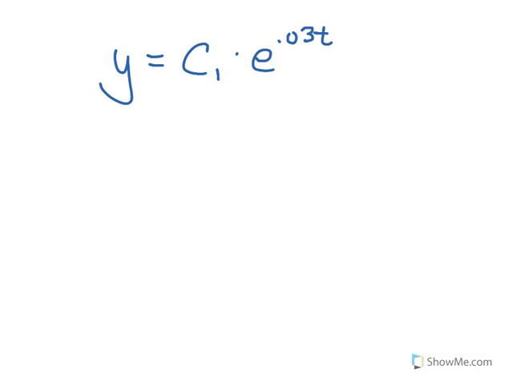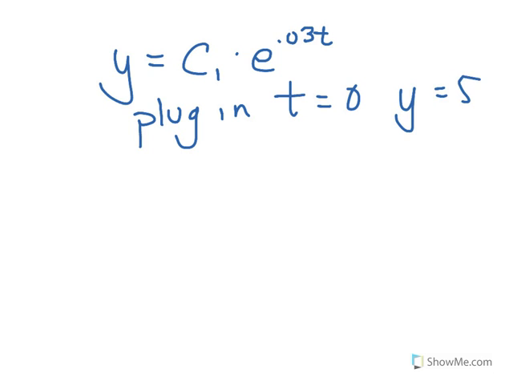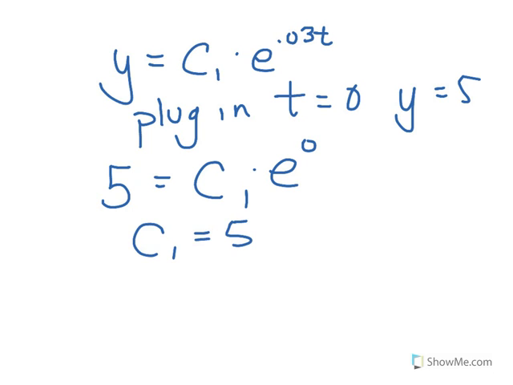Believe it or not, we've done most of the hard work already. So now we're going to plug in t equals 0 and y equals 5. So we're going to get 5 here. We have our C1 here. And we have e to the, well, let's see, e to the 0, which is just 1. So it's pretty straightforward to see at this point that C1 has to be 5.